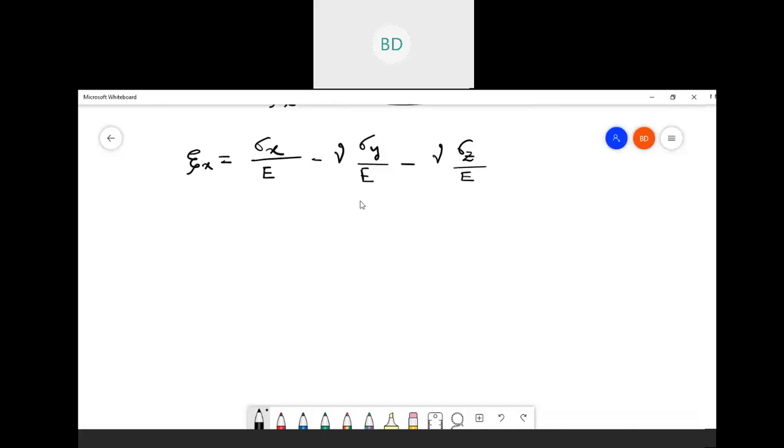And your shear strain, denoted by gamma in xy plane, is equal to shear stress by modulus of rigidity.